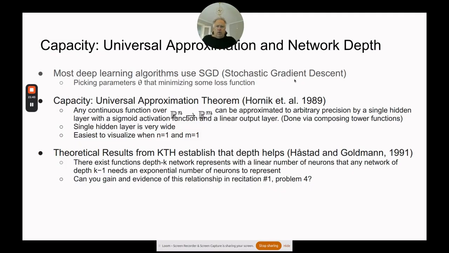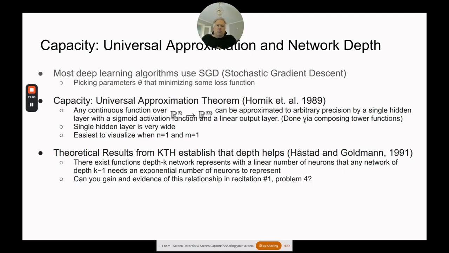A fundamental result is that any continuous function from n-dimensional real space to m-dimensional real space can be approximated to arbitrary precision by a single hidden layer with a sigmoid activation function and a linear output layer.